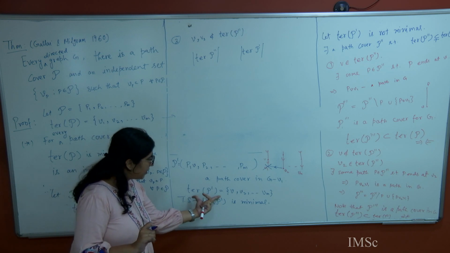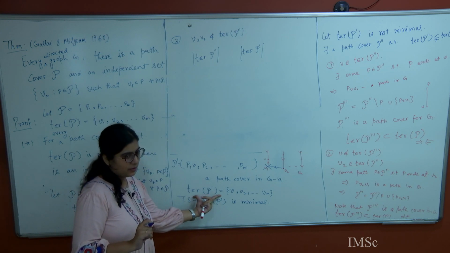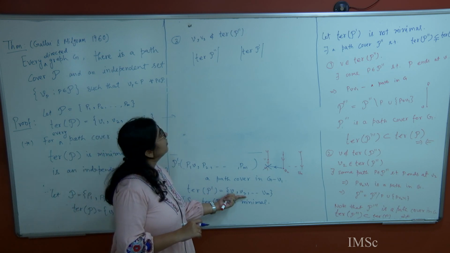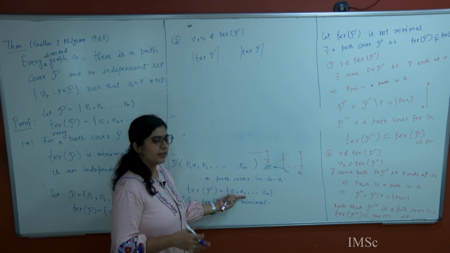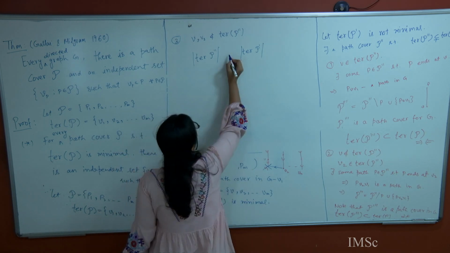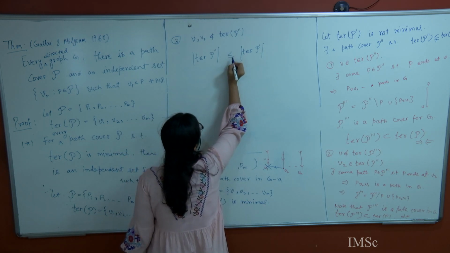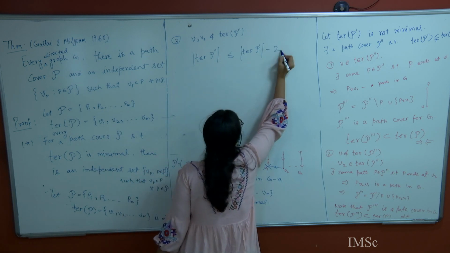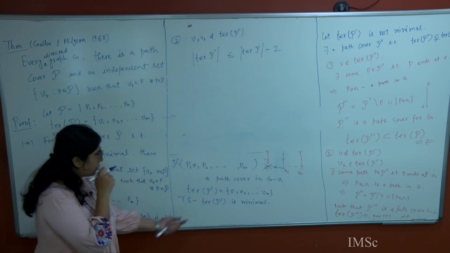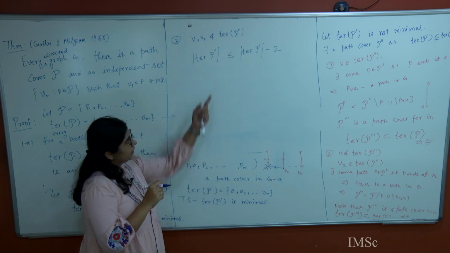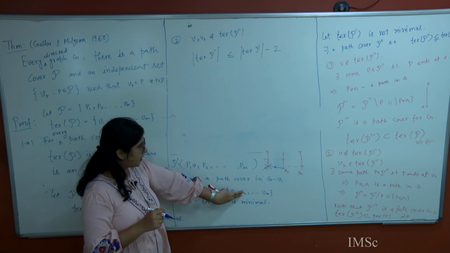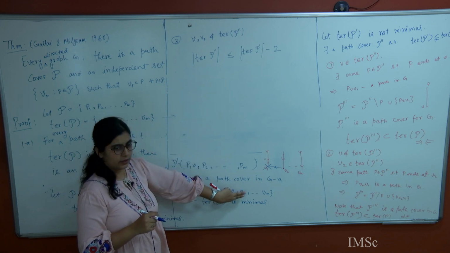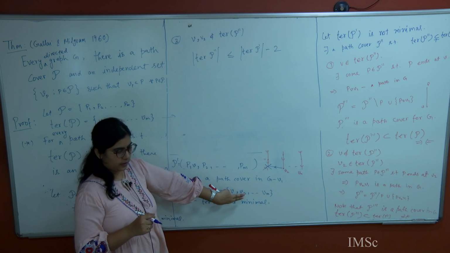This is my terminal set of P prime. V and V2 are not there, at least two are not there. So this is at most this minus 2, because V and V2 are not there in P double prime. So at least a cardinality difference of 2 will be there between those two sets.